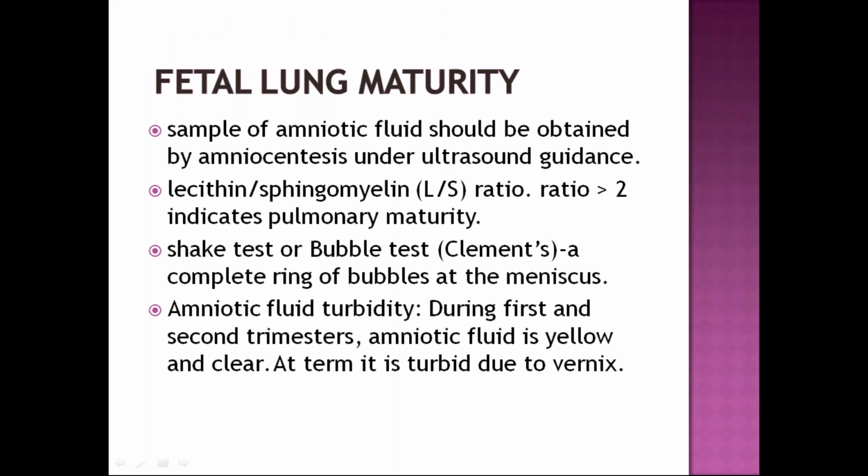For fetal lung maturity, we take a sample from the amniotic fluid and subject it to tests. An L/S ratio more than 4 gives a rough idea that the lung is mature. The shake test, where the ring will be bigger and bubbles will be seen at the top surface. Turbidity as well.